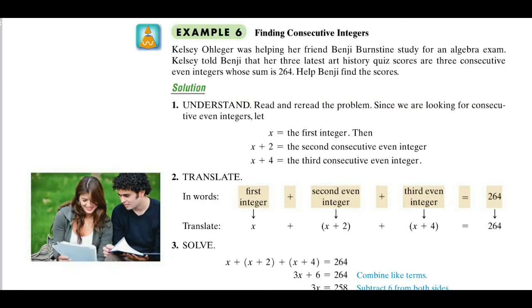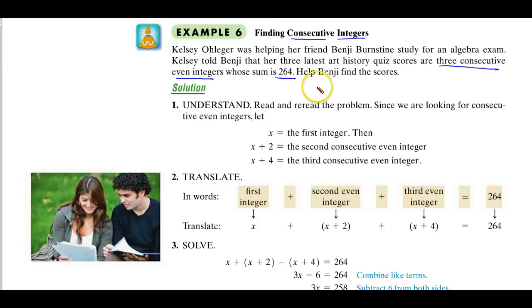Now we're going back to what we had originally, finding consecutive integers. Here, this person, let's read it carefully. Her last 3 tests were 3 consecutive even integers whose sum was this.